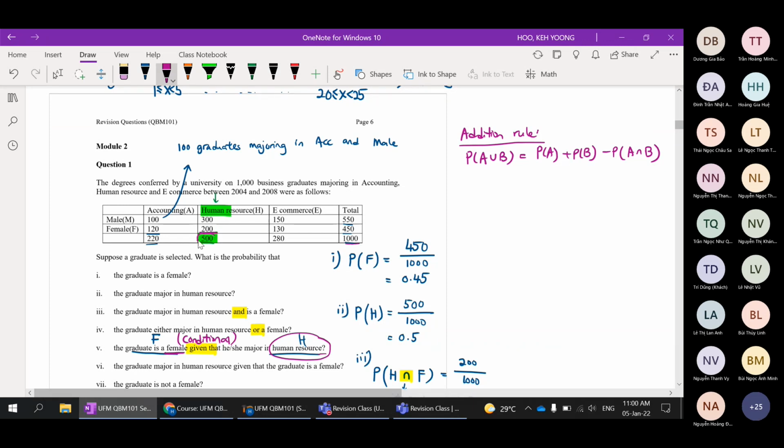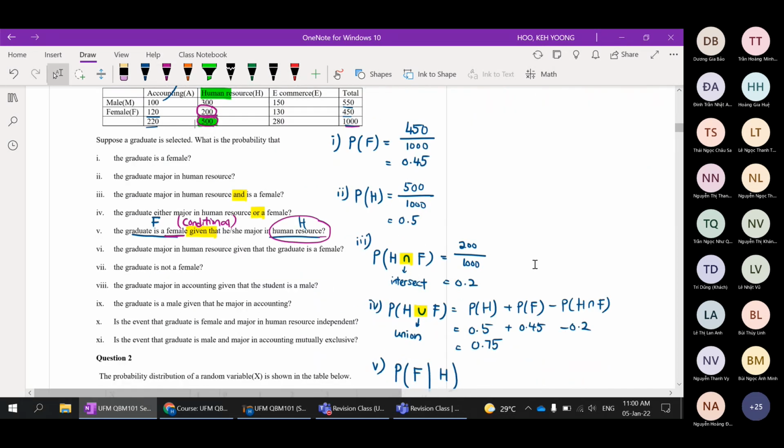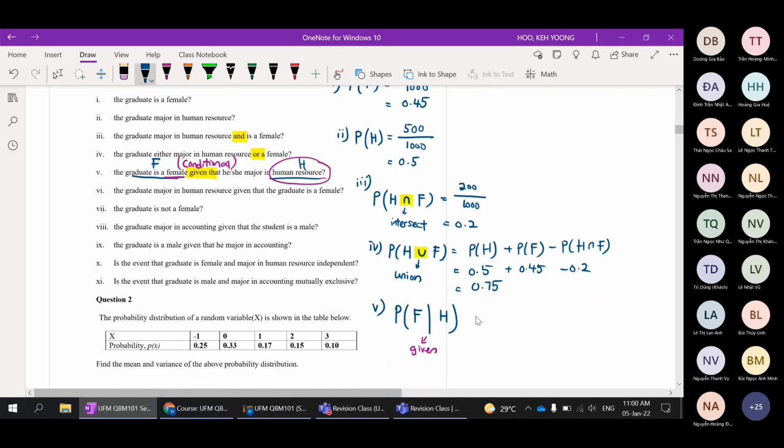Out of 500, 200 of them are female. So the probability will be 200 divided by 500. So you get 0.44. Sorry, 0.4.